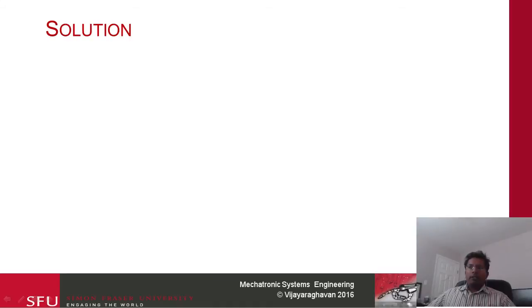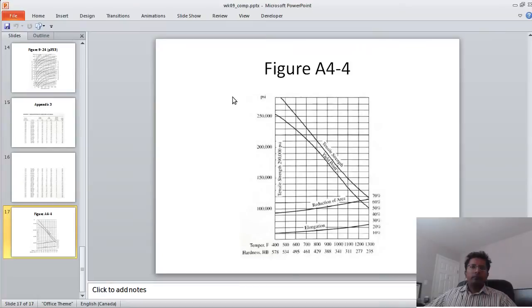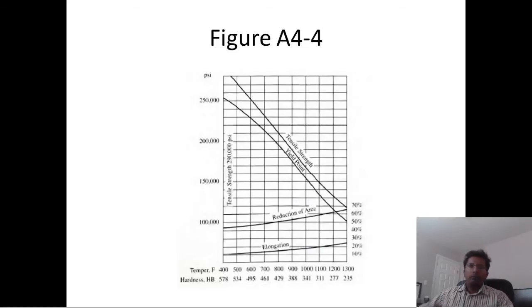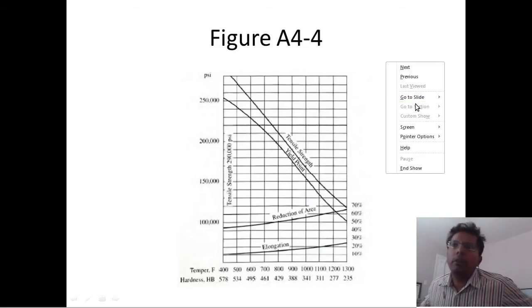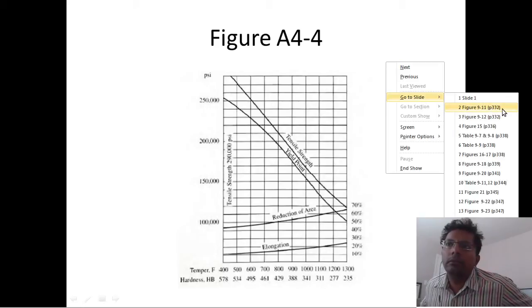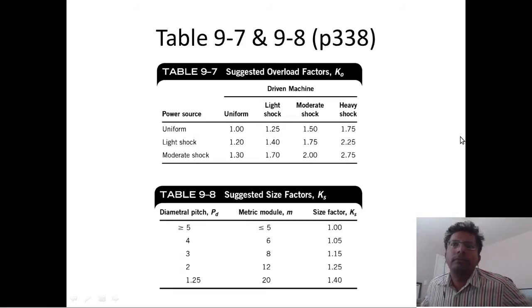So here's step 3. We're going to calculate KO, which is the overload factor. For this, we're going to use table 9.7. So let's go to table 9.7. We basically had a smooth input, so we're going to use uniform power source, and then the driven machine was heavy input.